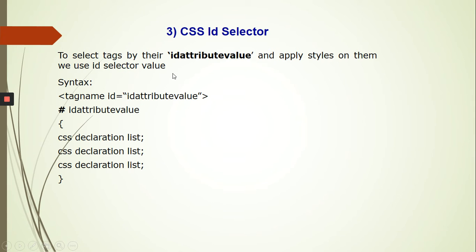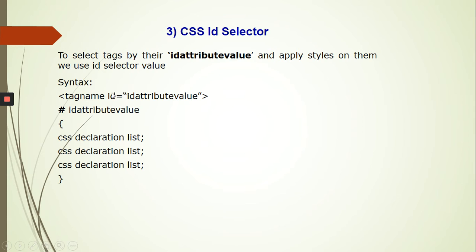This is familiar to each one of you. Name of a tag, and when we are working with ID selectors, our attribute is ID. ID is a global attribute which can be used with each and every tag, so every tag can be uniquely identified.